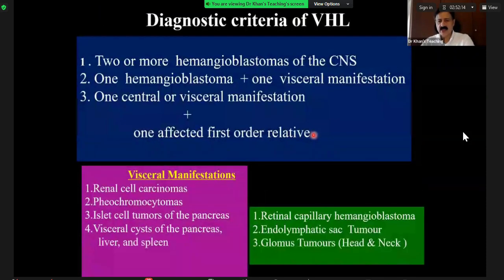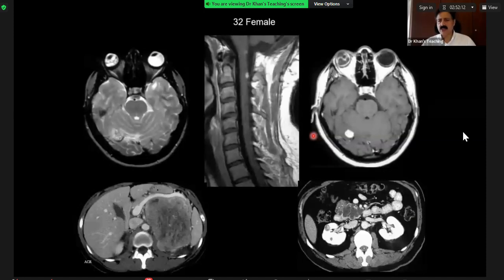But there can be other presentations of hemangioblastomas. Hemangioblastoma might be just an enhancing nodule. So don't be confused if you see this kind of manifestation. But whatever it is, it is a very vascular tumor, and so vascular that it can be picked up on a DSA, a conventional angiogram also. So this is a hemangioblastoma, this is a hemangioblastoma.